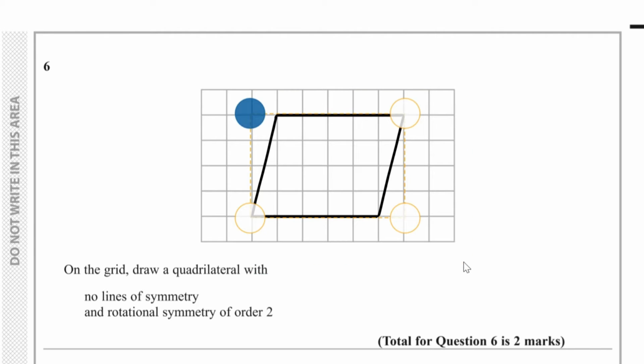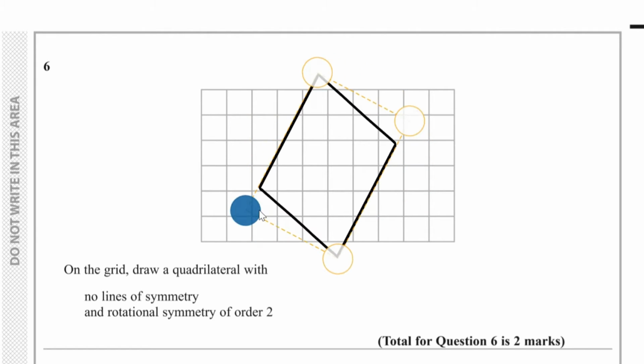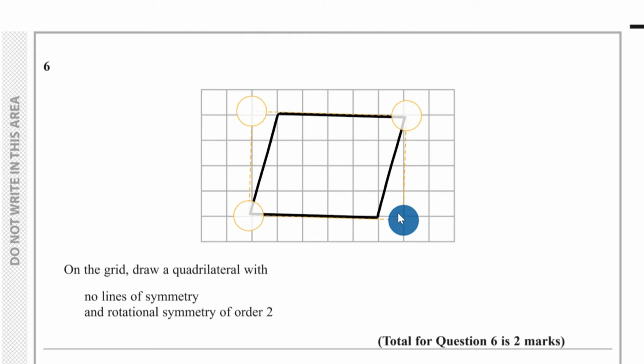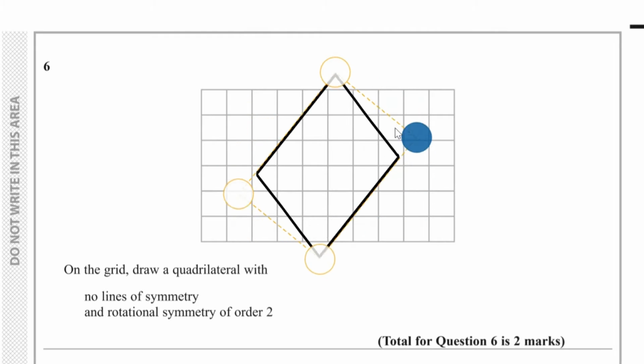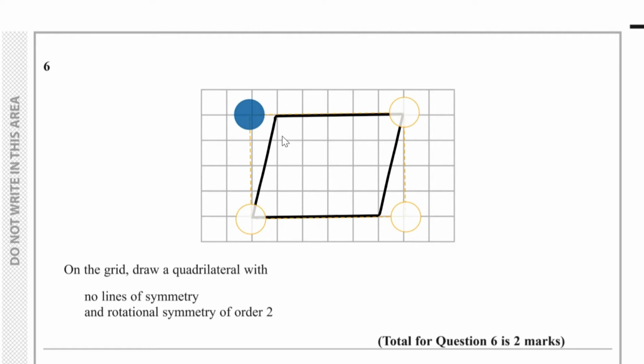Now if I attempt to rotate this, we can see it's got 1, 2 for the rotation order of symmetry. And we also have 0 lines of symmetry.